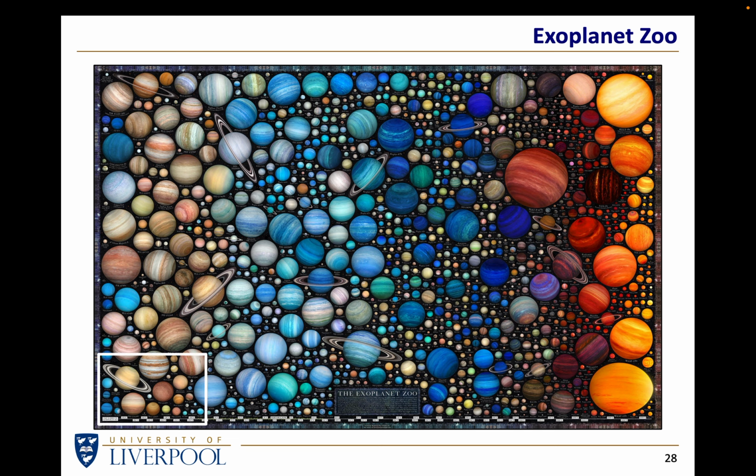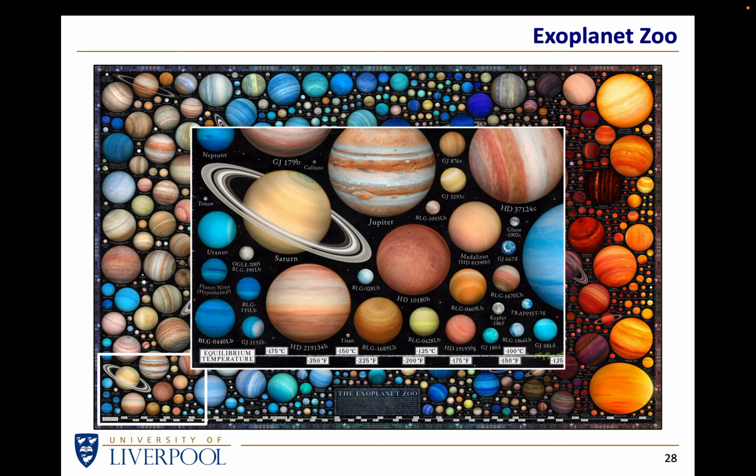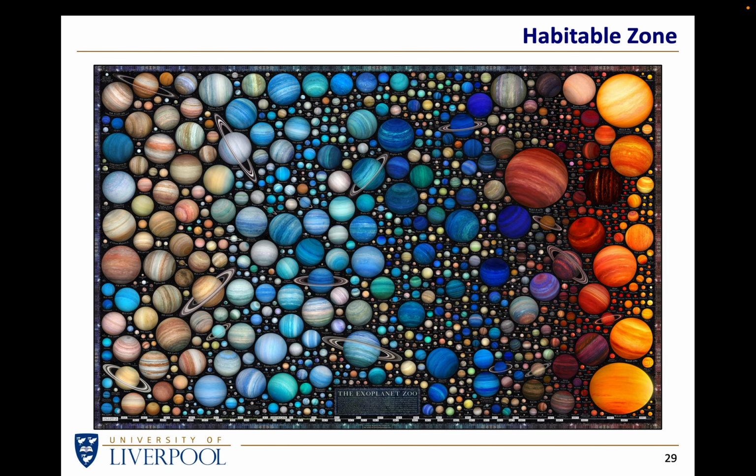Just to give you an idea of scale, there are a few interlopers in there. Although this is exoplanets, we have a few of our own planets in there just to give you an idea of scale. So there's Jupiter, Saturn, Uranus and Neptune in the bottom left-hand corner, so you can judge how small or large some of these other planets are.